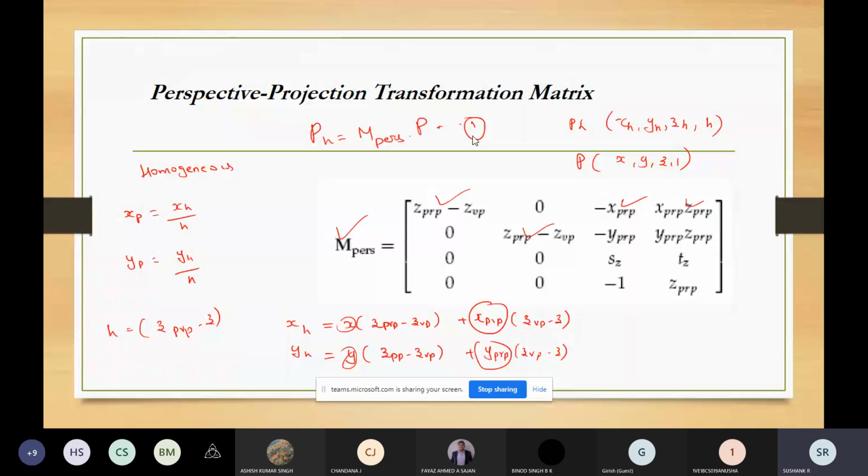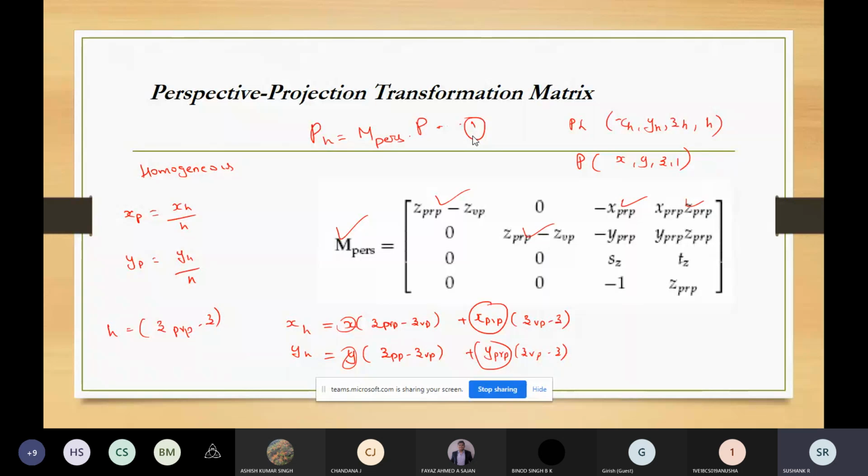Once this ph is obtained, you divide the homogeneous coordinates by the h parameter to get the true transformation coordinate position.